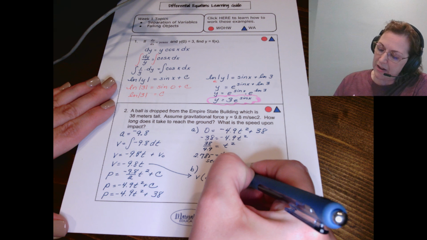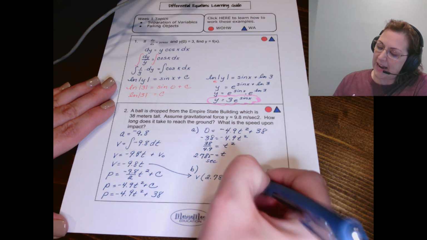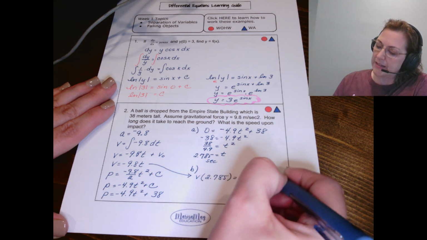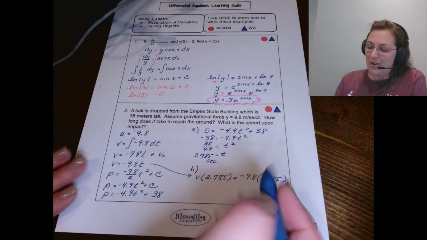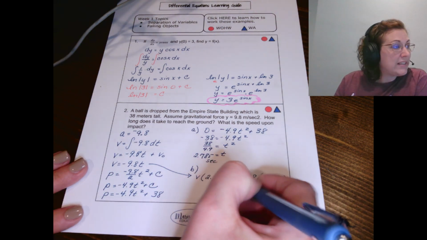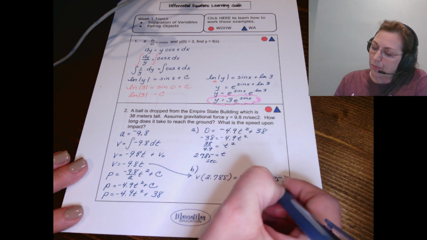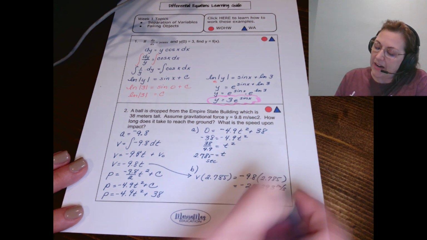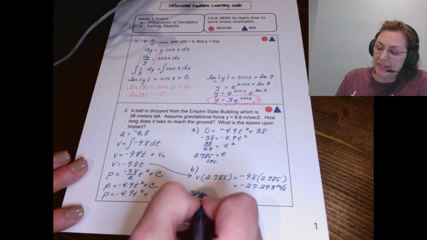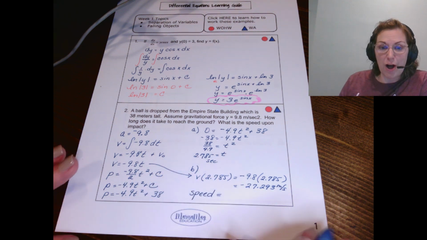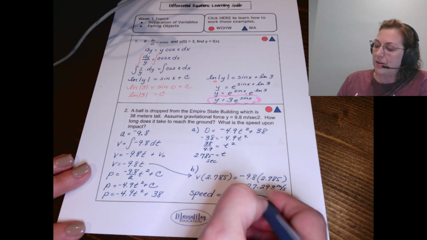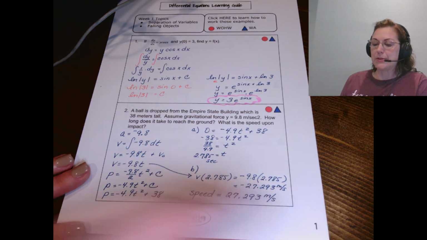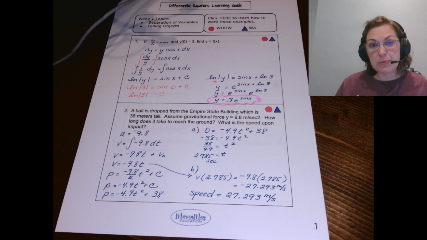So I've got negative 9.8 times 2.785, and we get negative 27.293 meters per second. But remember, for speed, we're going to take that direction off. So our speed would be 27.293 meters per second.